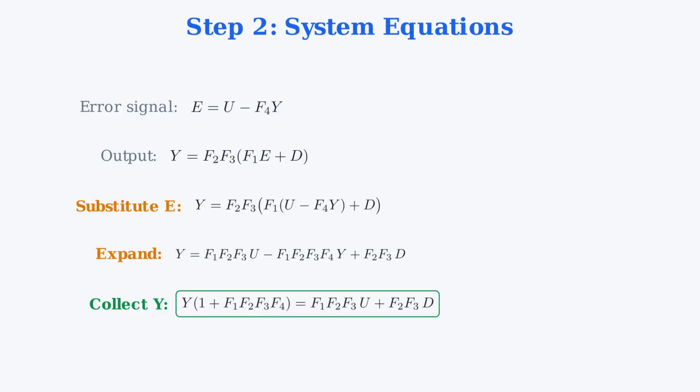Y equals F1 F2 F3 U minus F1 F2 F3 F4 Y plus F2 F3 D. Move the F1 F2 F3 F4 Y term to the left side. Y times the quantity 1 plus F1 F2 F3 F4 equals F1 F2 F3 U plus F2 F3 D.